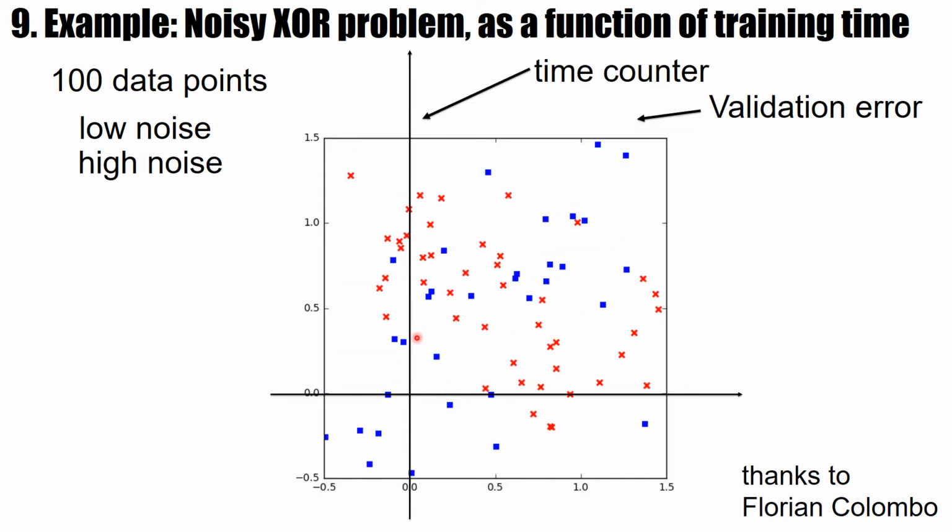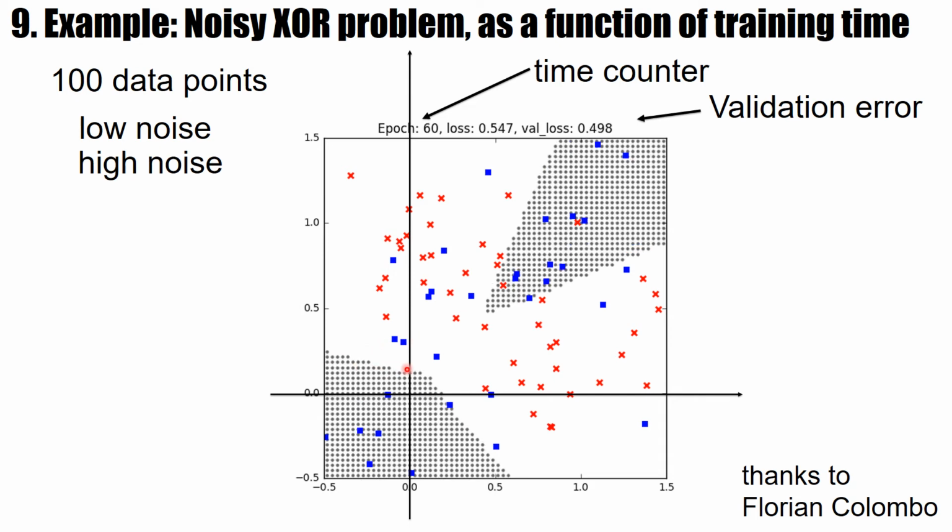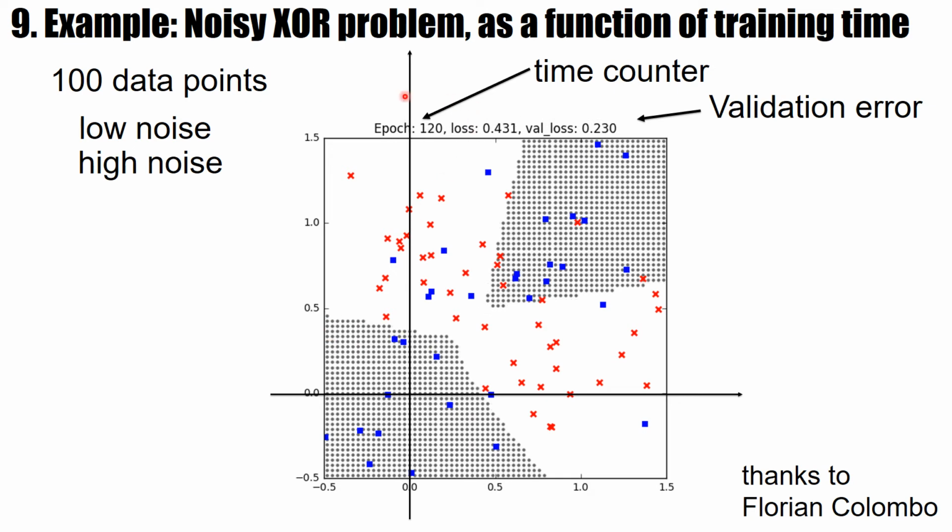So we start here, these are the data points, and we now see how the separating surface moves in, and here is the time counter, and starting about epoch 200, the separation will be very close to the optimal separation. You now see here the squares appearing.